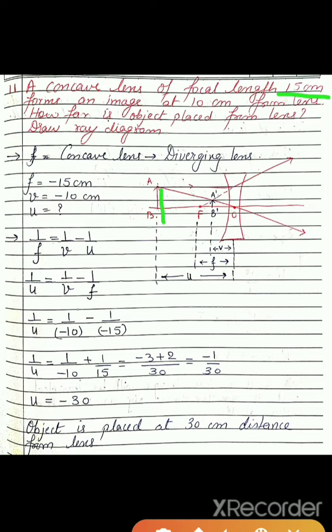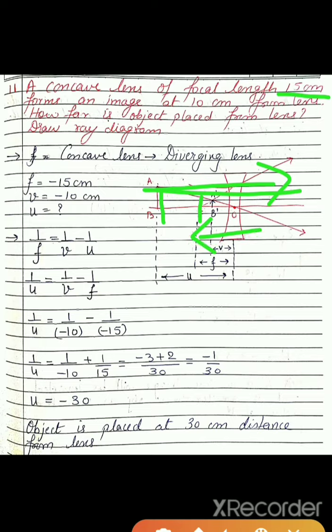So if this is the object, this is the direction of light. Okay, and if this is focus, then I'll be measuring the focal length in this direction. So incident light and focal length are in opposite direction, so focal length will be negative.